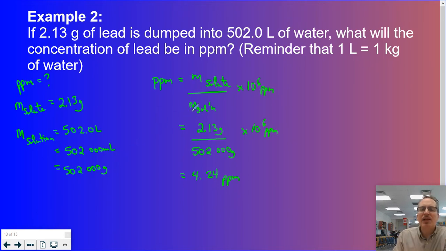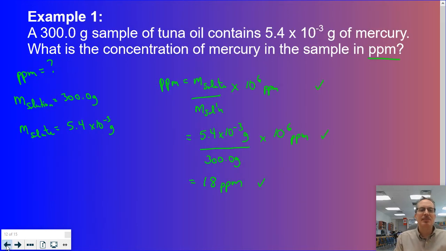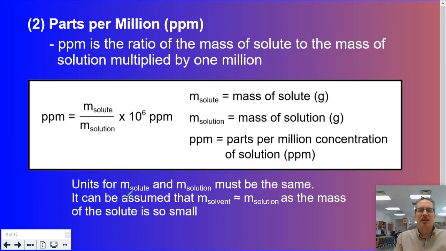Ideally, if we were really going to call this a solution, we would have added our 502,000 grams of water to the 2.13 grams of solute. And we would have had 502,002.13 grams.